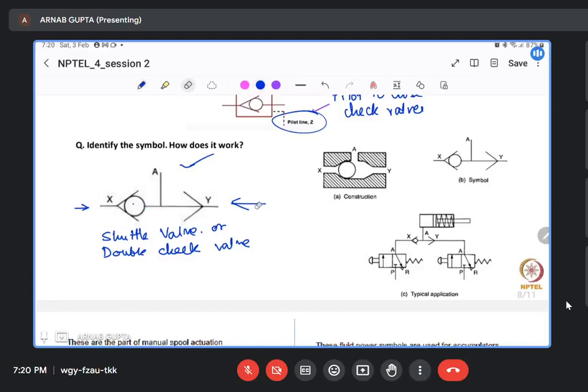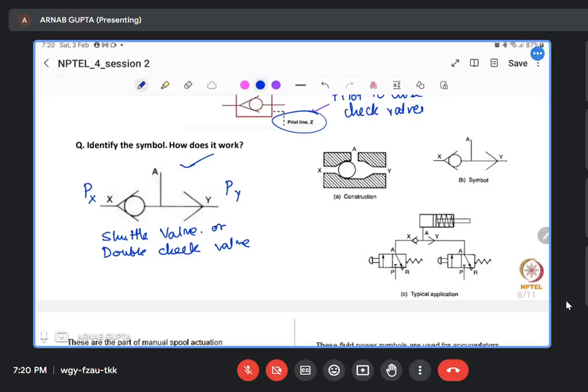Suppose the pressure at the X side is Px and the pressure at the Y side is Py. Then if Px is greater than Py, the ball will be shifted to this particular region, and the dominating flow will happen from the X side. Okay, generally one side is kept closed and the other side is kept open.